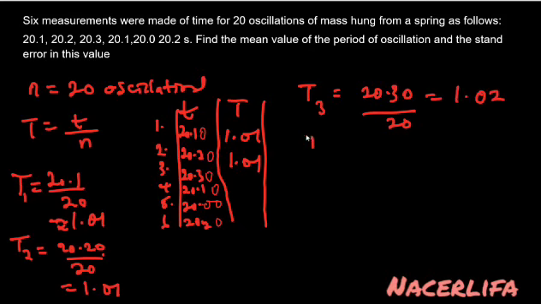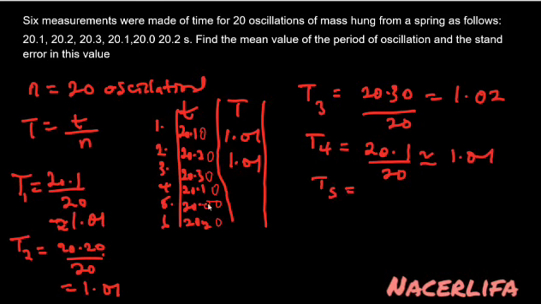So for the fourth one, T4, we have 20.10 upon 20. We got it before as 1.01. For the fifth one, T5, we have 20.00 divided by 20, so this will be 1.00.